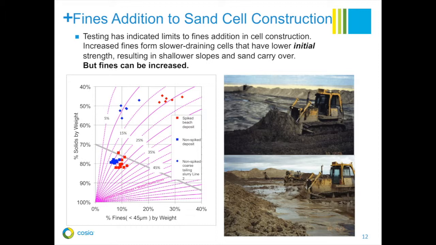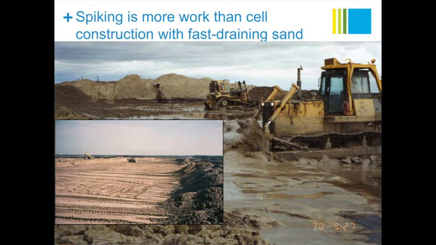So the benefit is probably greater than shown. As you can see, the cell construction with these high fines tailings deposit is not quite as easy as doing it with nice clean sand, as shown in the figure in the lower corner.